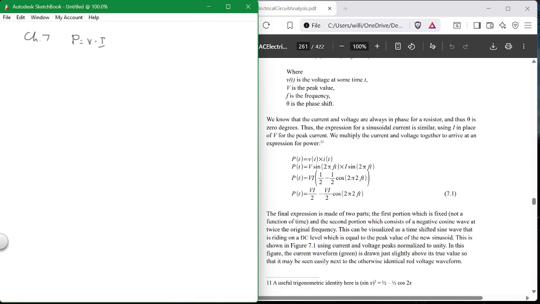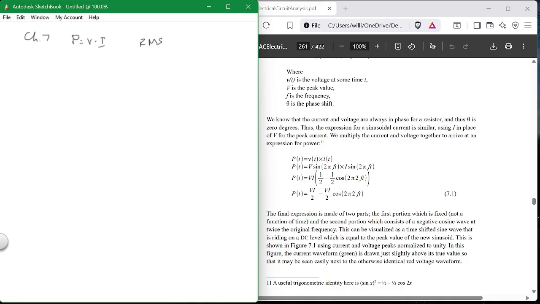Just remember the stupid professor doing this, and now all of a sudden you've got V times I in your head. Now, what V and what I? These are RMS values. They're not peak values, okay?